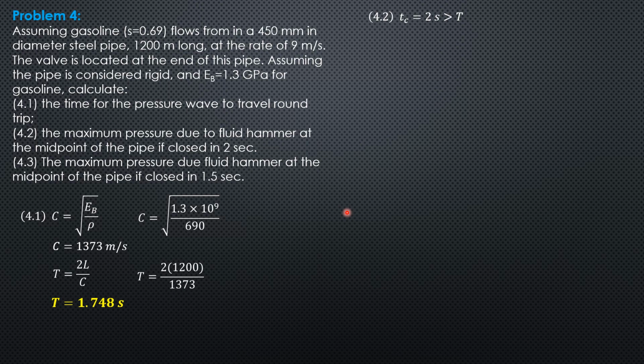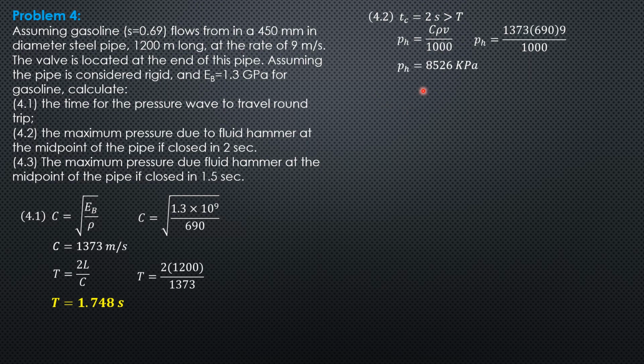First, let's solve for pH for sudden closure, which is equal to C density V over 1000 to convert it to kilopascals. So 1373 times the density of gasoline 690, times V, 9 meters per second, over 1000. So pH, the water hammer pressure for sudden closure, is 8526 kilopascals.